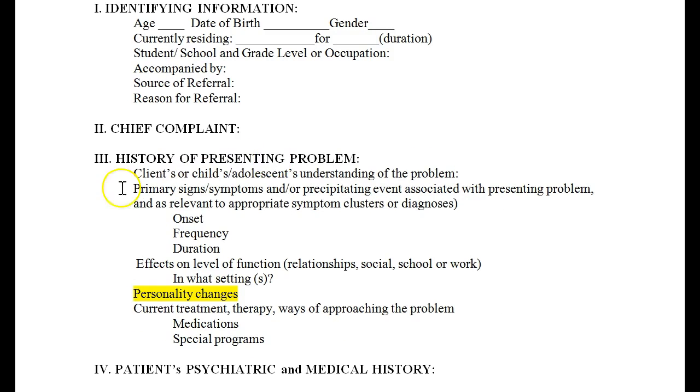Within each of these categories, you are going to see several prompts for questions that you might ask that might be pertinent. Not all questions are going to be appropriate to every section for every patient. We'll continue to talk about this as we go on. On this particular form, where you see things highlighted in yellow, these things are particularly important for you when you are taking your Nursing 452 class.